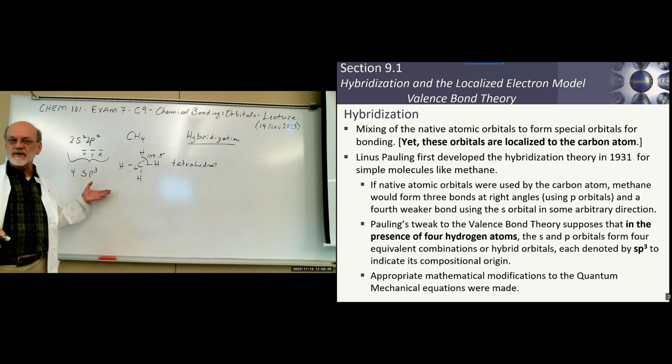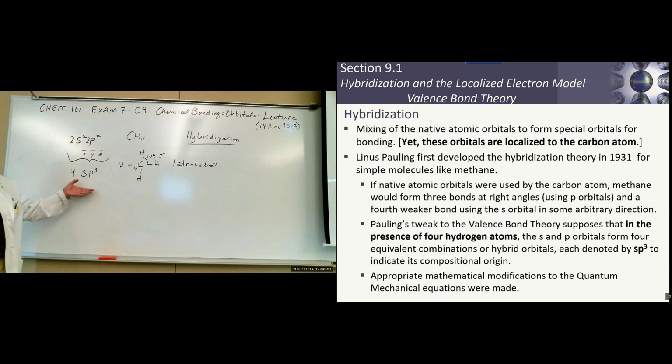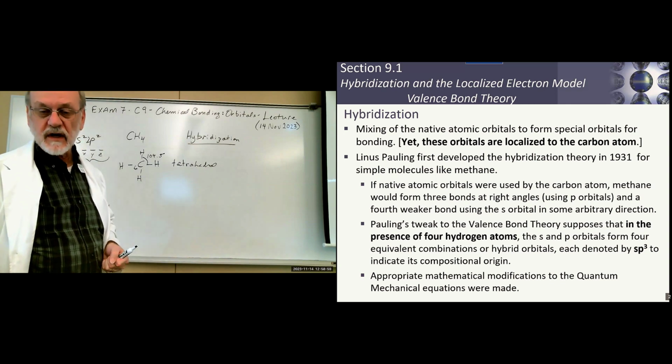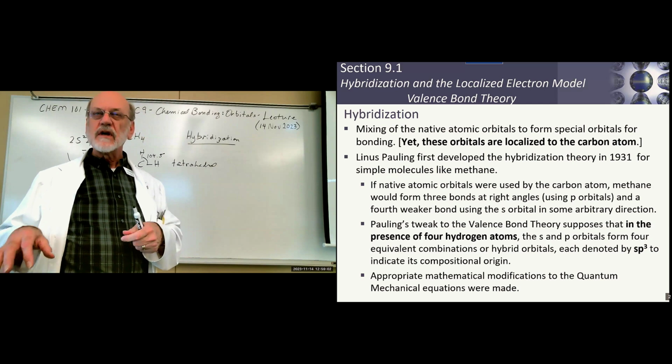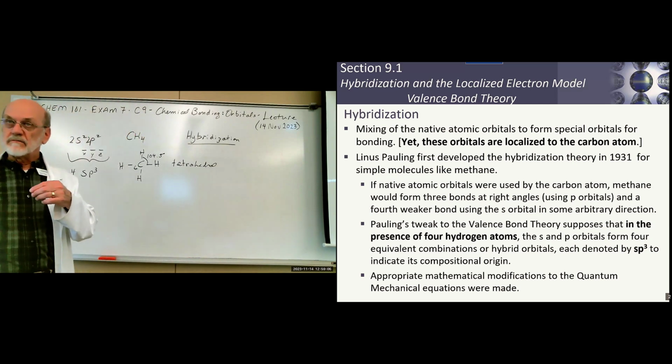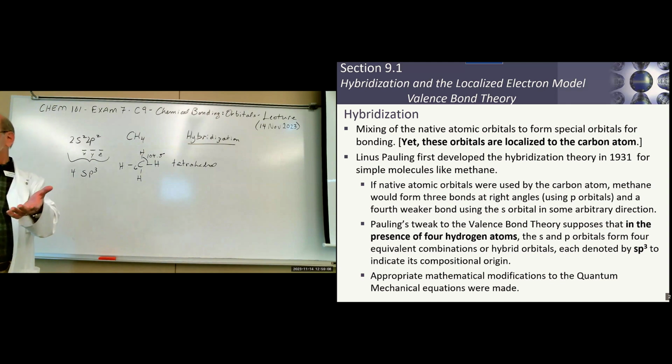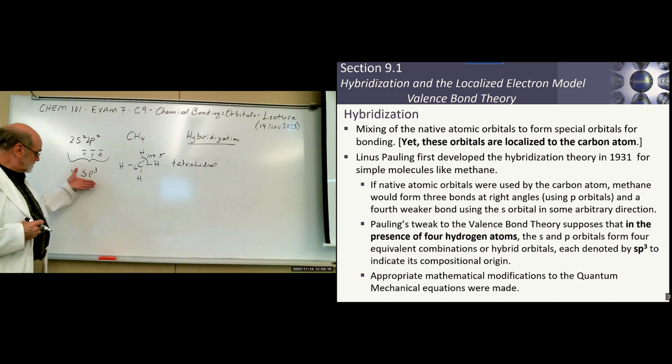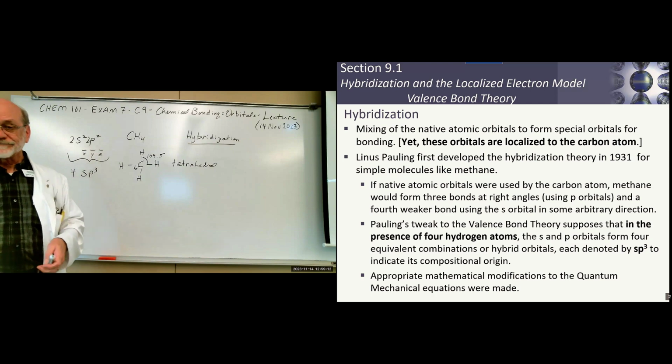So it's not just a figment of Pauling's imagination. He's got mathematical backing for producing this set of orbitals using quantum mechanics. All they have to do is tweak the equations, use the right set of numbers, and out pops the chi-squared electron distribution for these 4 orbitals.